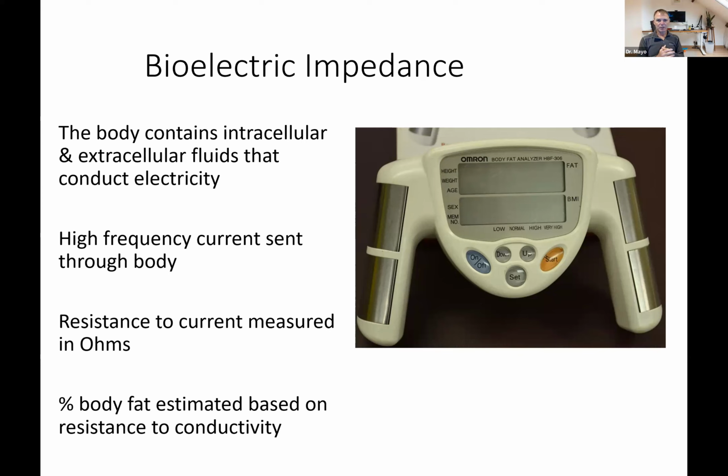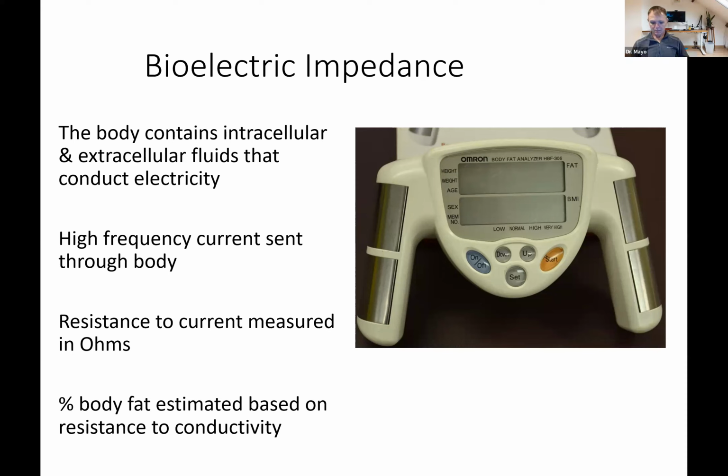Back when we first started doing bioelectrical impedance, we would put electrodes on the wrists and on the ankles, but we know we don't need to do that now. We just have these little handheld devices, and it sends a current from one arm to the other. Or you may have stood on a scale where it does your weight and also gives you your body fat. Same idea, it just goes from one leg to the other.